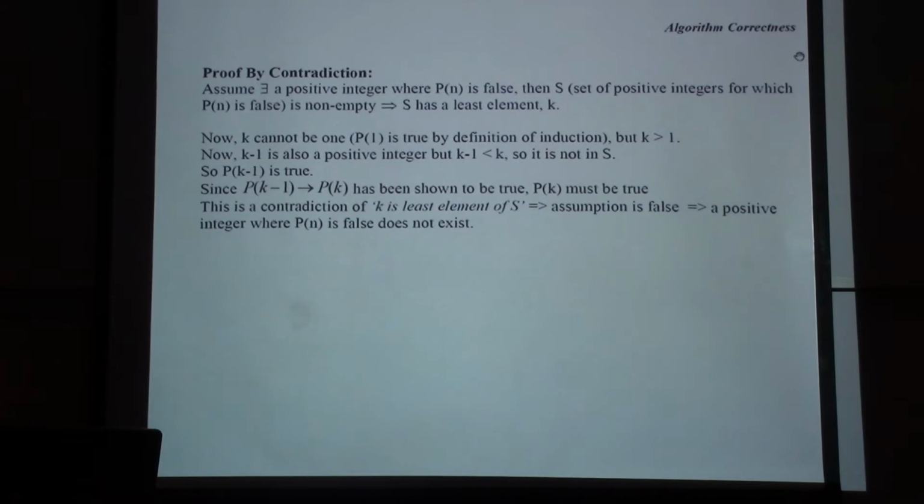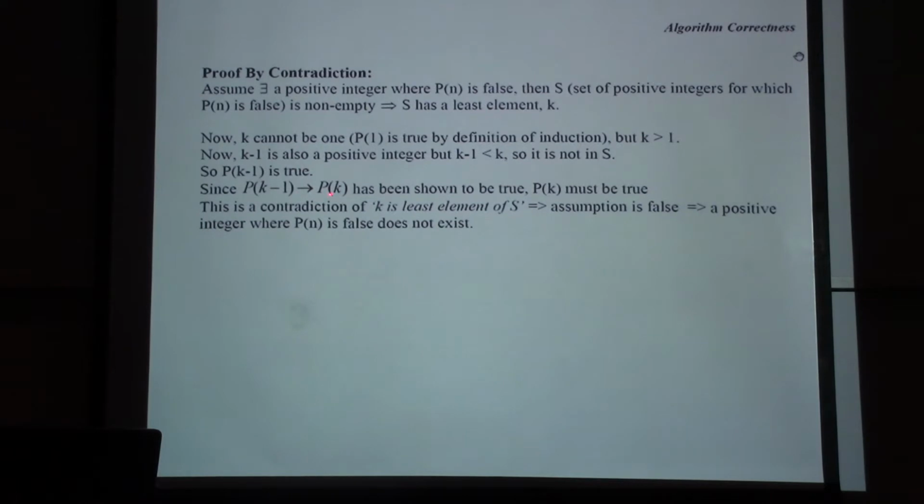So the one previous to that must be true. So P of k minus 1 is true. But we have also proven that P of k minus 1 implies P of k. So therefore, since P of k minus 1 is true, we have proven that this implication is true. Therefore, if P of k minus 1 is true, that means P of k also must be true.